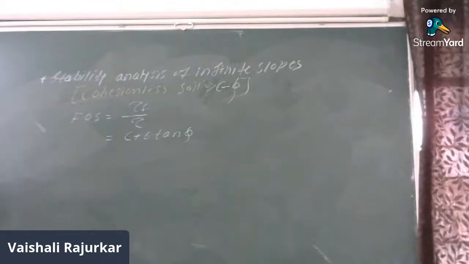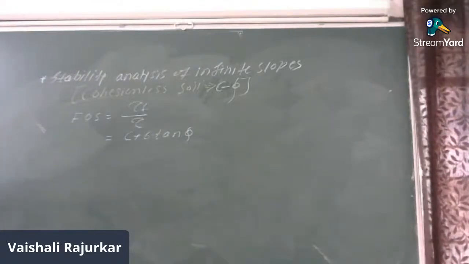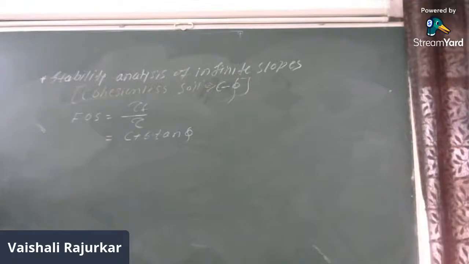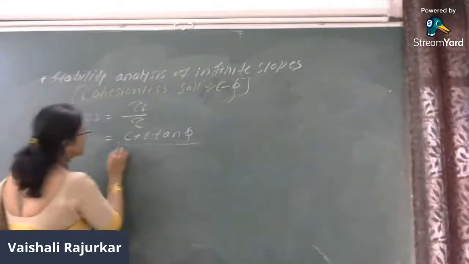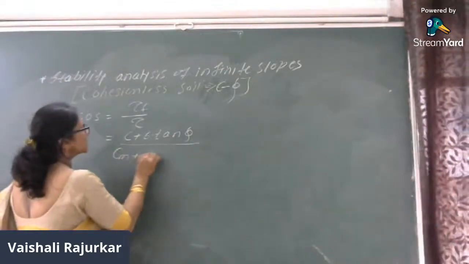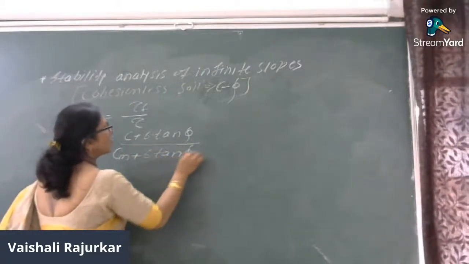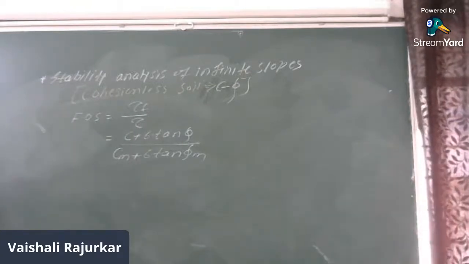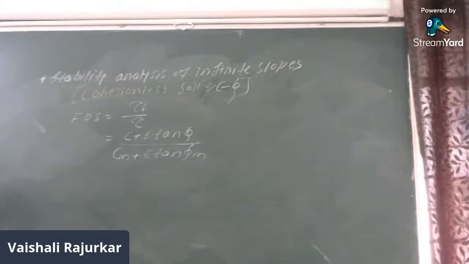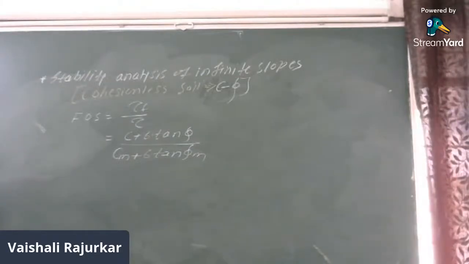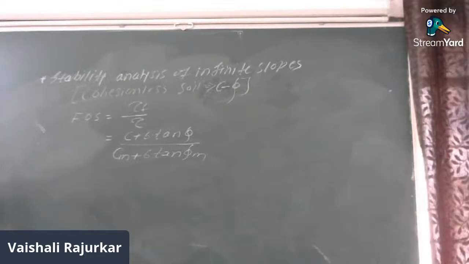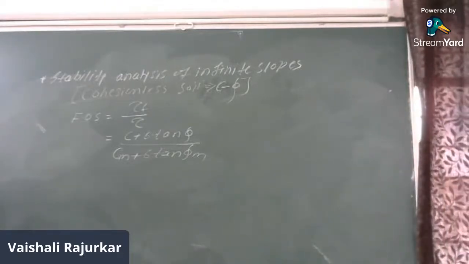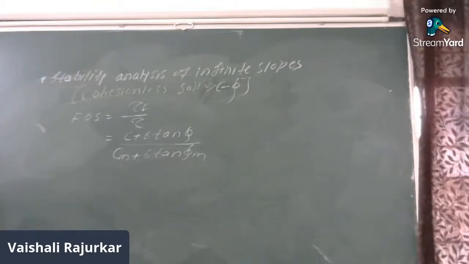This shear strength is equal to C plus sigma tan phi, whereas here tau is considered to be Cm plus sigma into tan phi m. Phi m is the mobilized angle of shearing resistance which is taken into consideration. Here tau f is the shear strength, C stands for cohesion, and sigma is the normal effective stress. Right?